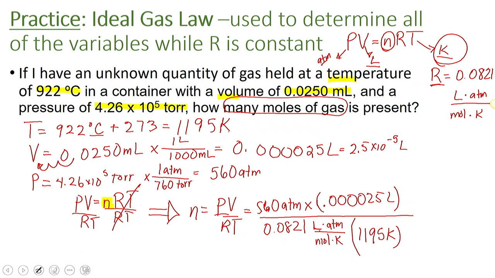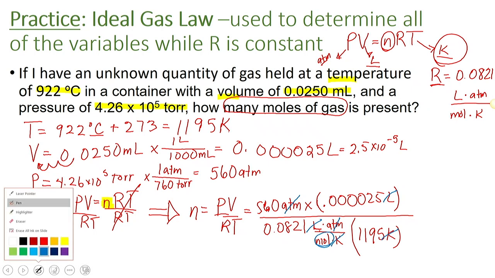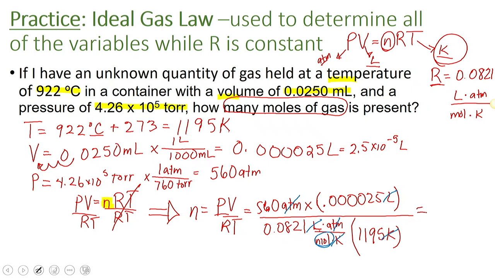So our atmospheres will cancel out. Our liters will cancel out. And our kelvins cancel out down here. And because we've got moles in the denominator of a denominator, it becomes a numerator. So for our answer, we plug everything into our calculator.